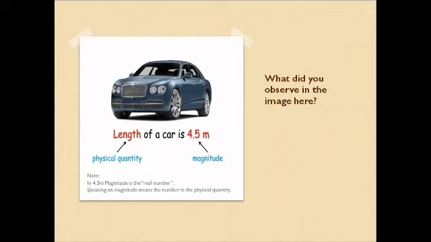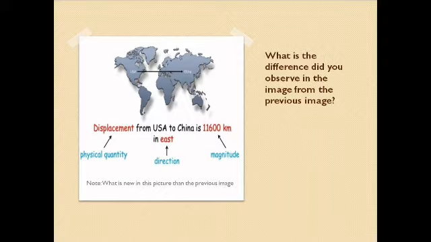And now let's see the next picture. In this picture you can see the displacement from USA to China is 11,600 kilometer in the east. So what are the things that you have noticed here? Clearly we can see that the displacement is the physical quantity that is measured, and in this the magnitude is the 11,600 the number, and there is also a thing direction in it, that is in east.